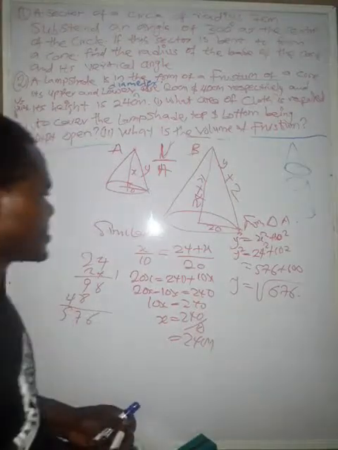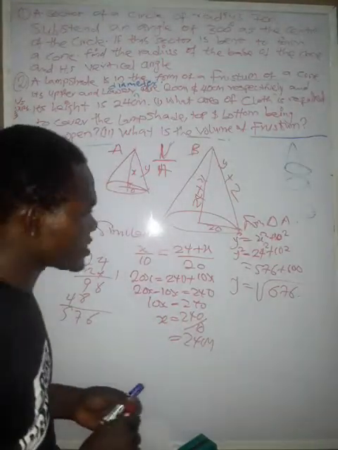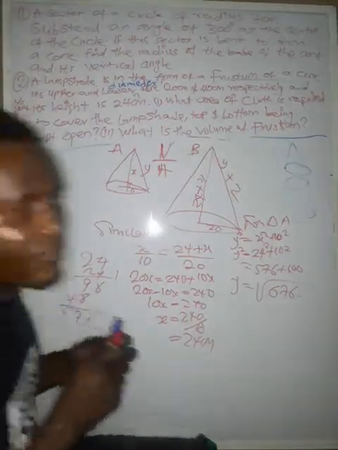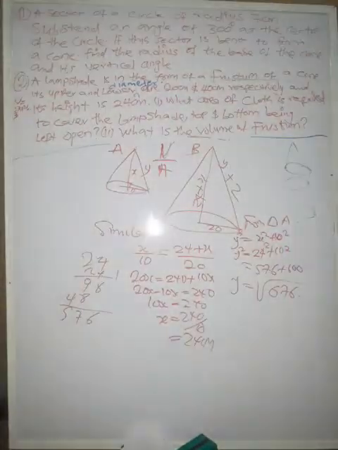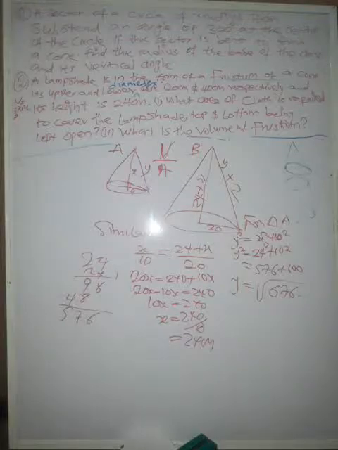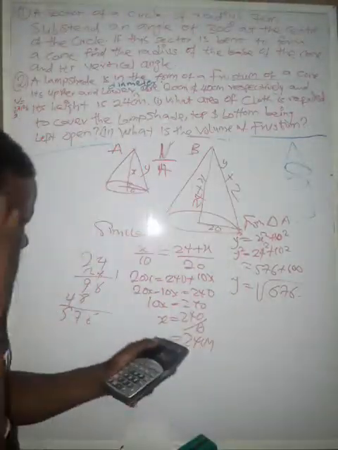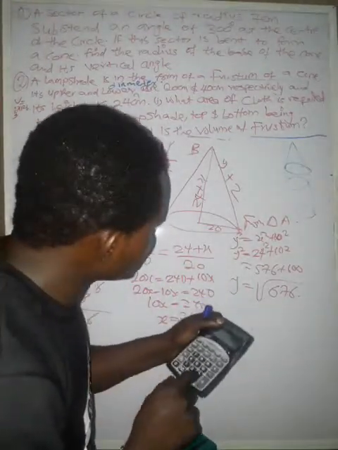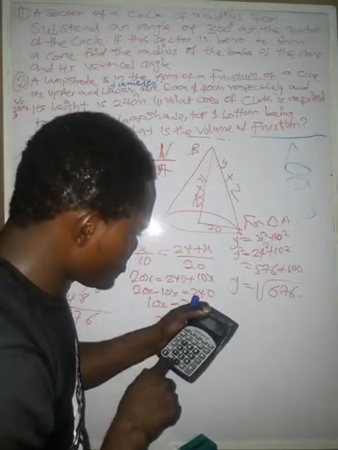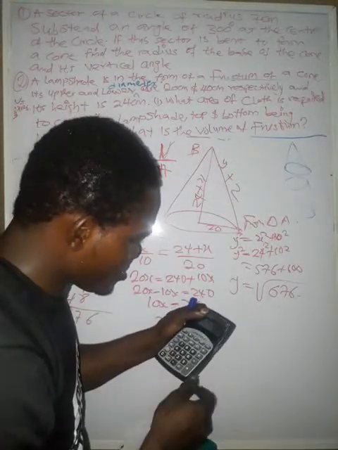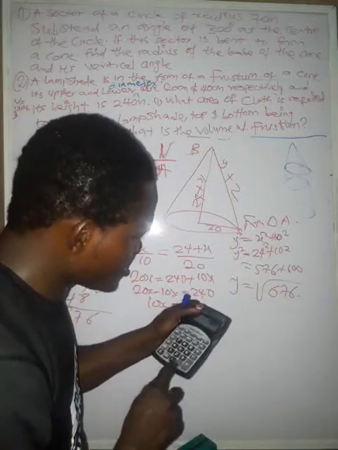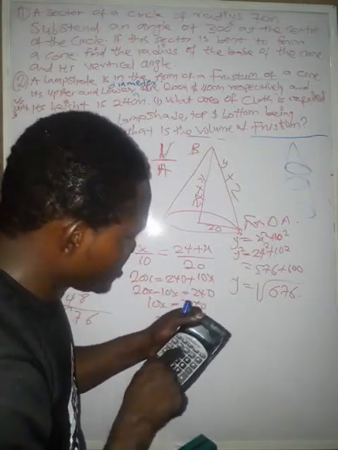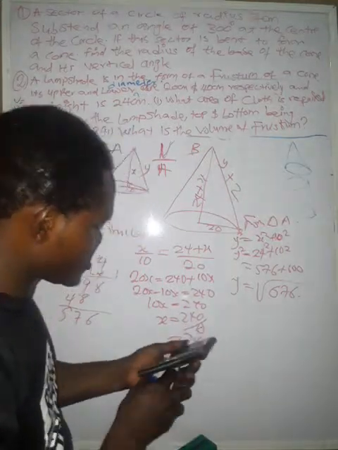So that is that for y. Let me find a calculator. 24 times 24, okay, 576 plus 100, 676, square root, that is 26.